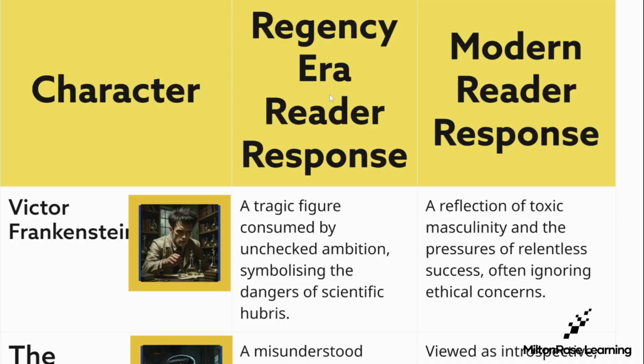But a modern reader, if you look on the right, would see a reflection of toxic masculinity and the pressures of relentless success, even to the point of ignoring ethical concerns. He's blinded by his own desire for success, and it just kills him, doesn't it? It just ends up in an absolute toxic mess. So the modern reader would look at it slightly differently from a Regency perspective.